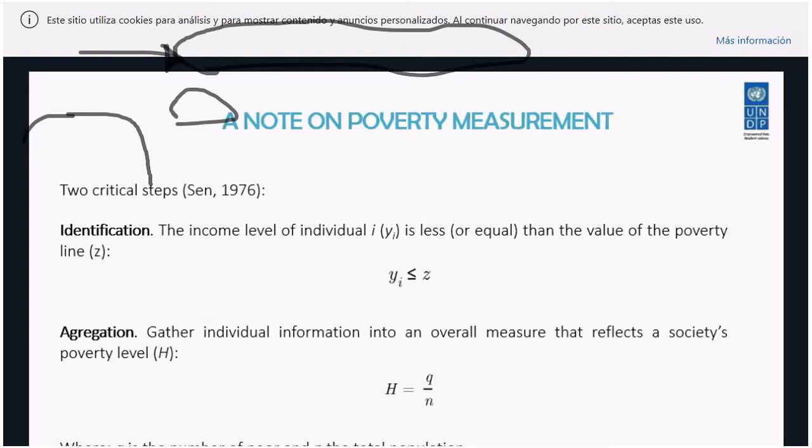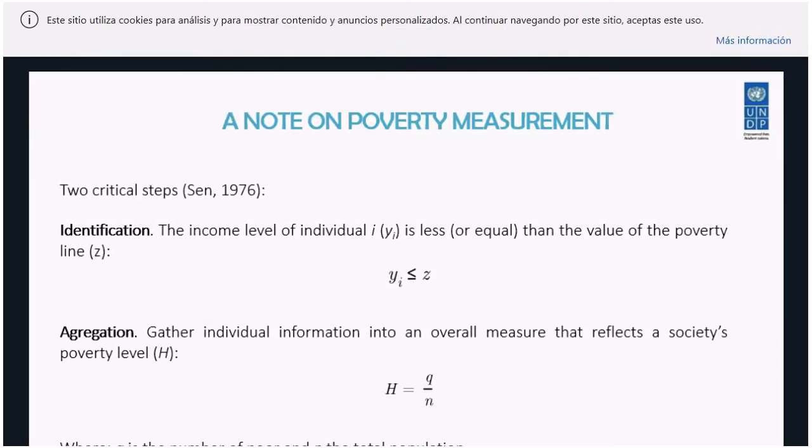We won't discuss the whole index during this presentation, but the 2 critical steps for poverty measurement that he formalized axiomatically in that very famous paper set the stage for subsequent measures and the measurement that we use nowadays.